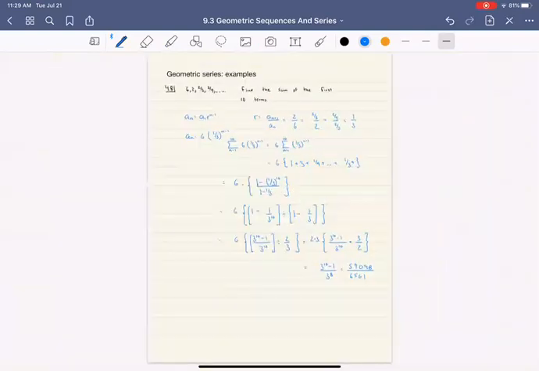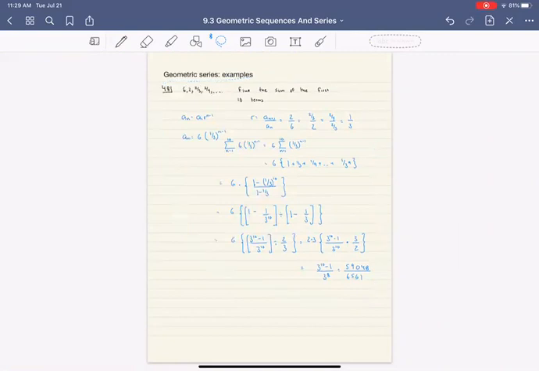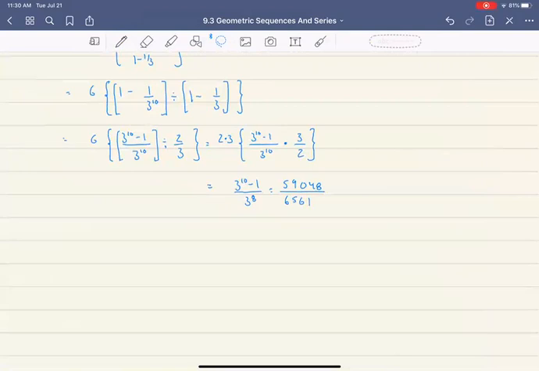Let's do another. Let's take the sum, i goes from 1 to 8 of 2 times 3/5 to the i minus 1.